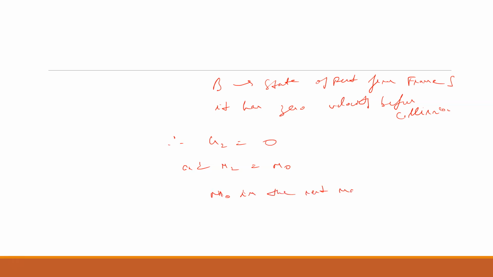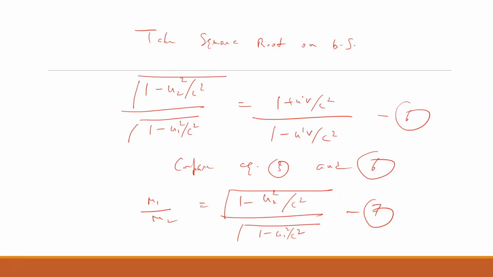rest mass of particle. Therefore equation 7 will become m1 divided by m naught equals to 1 root of 1 minus u1 square by c square.